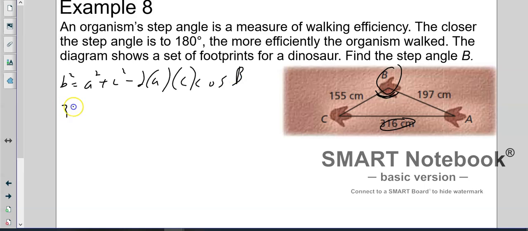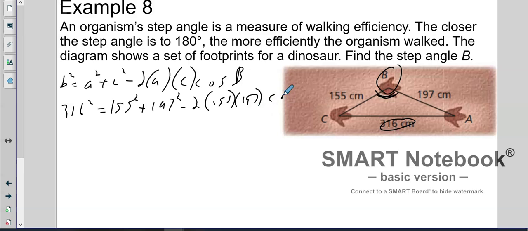B is 316 squared equals A, which is 155 squared, plus 197 squared minus 2 times 155 times 197 times cosine of B.